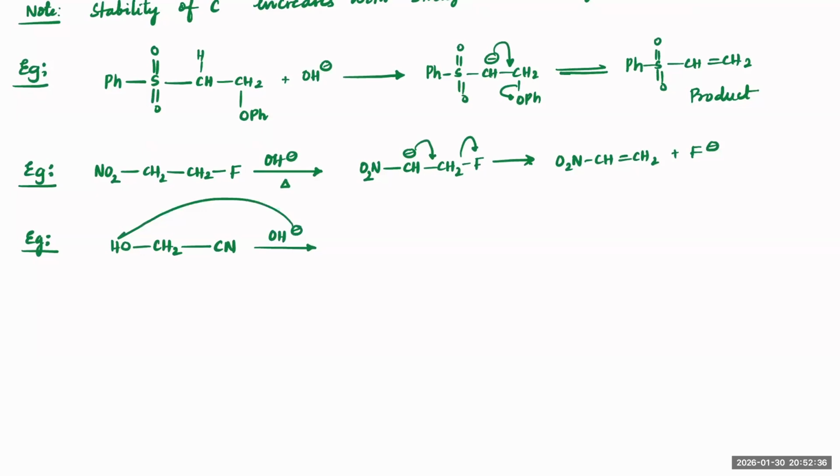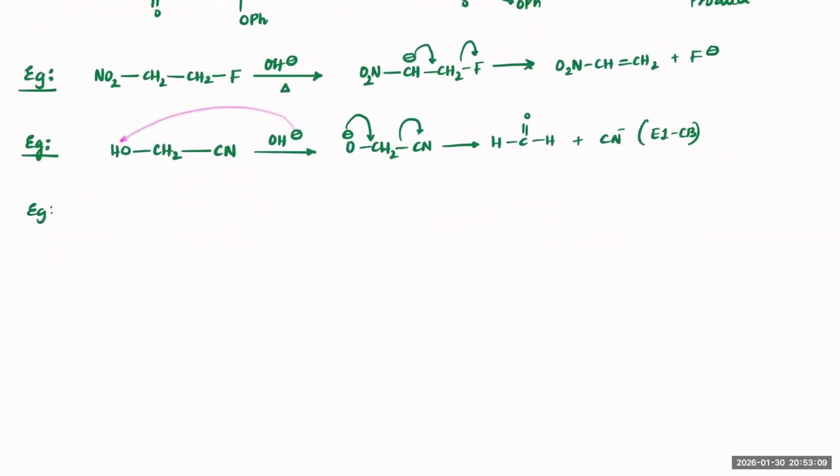This OH minus can extract this proton and as it extracts you will get O minus CH2 and cyanide. So this O minus can push here to remove out the cyanide and that's how you'll get formaldehyde, C double bond O, H and CN minus. This is also E1-CB type of mechanism, carbanion formation then elimination. Okay.